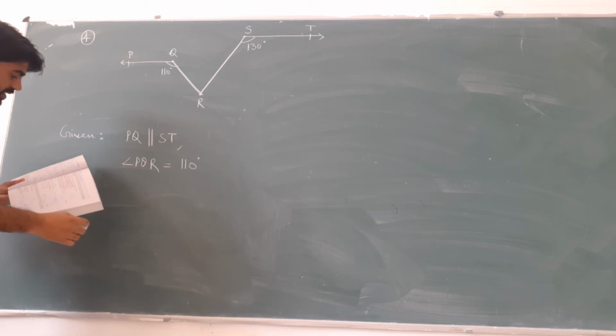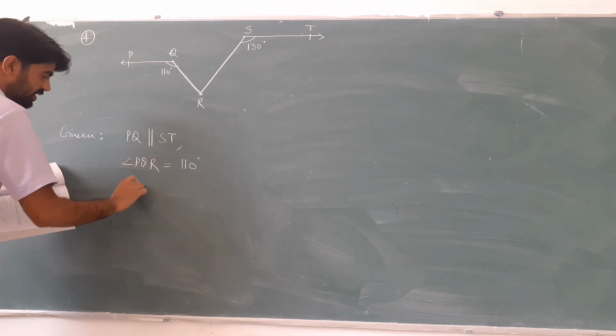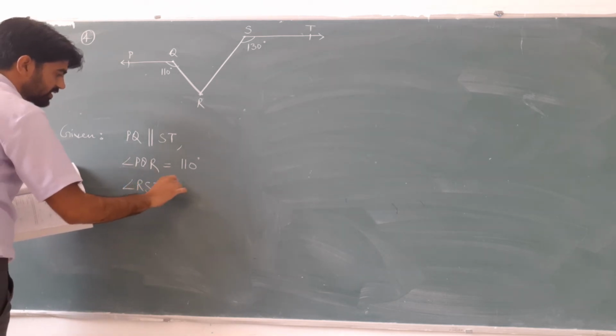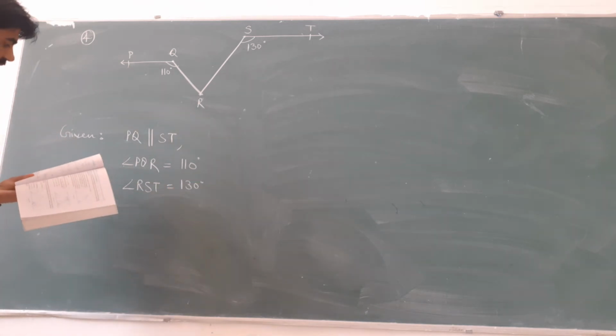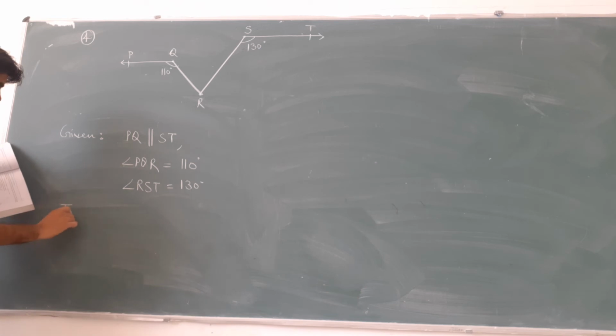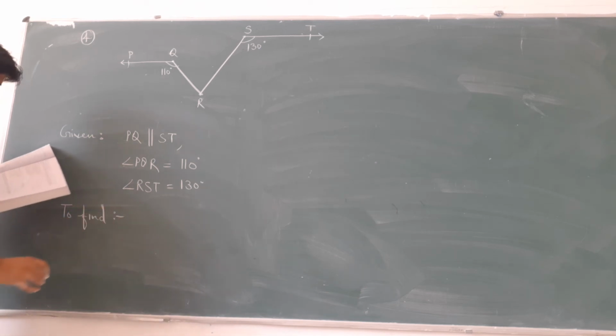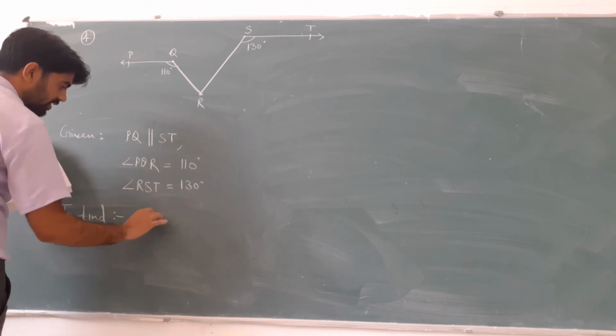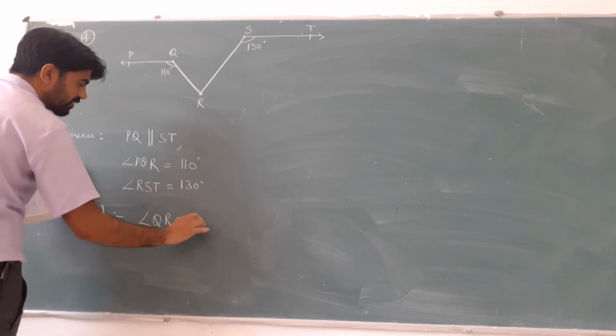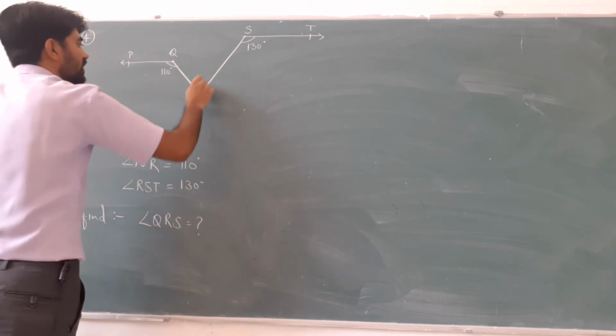Then angle RST is given 130 degree. We have to find angle QRS. This one we have to find, QRS, this angle.